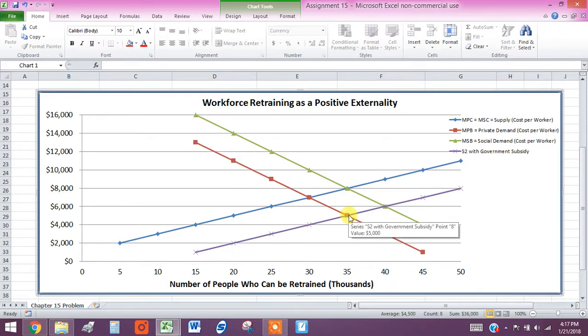So now we are at a new output, our socially optimum output of 35,000 at a lower price of 5,000 right here. So we're going to train more workers at a lower price.